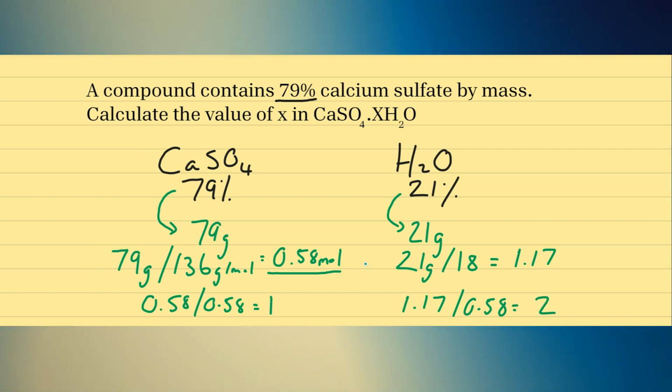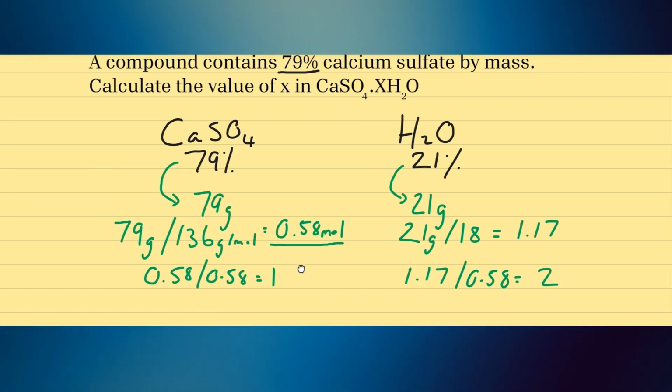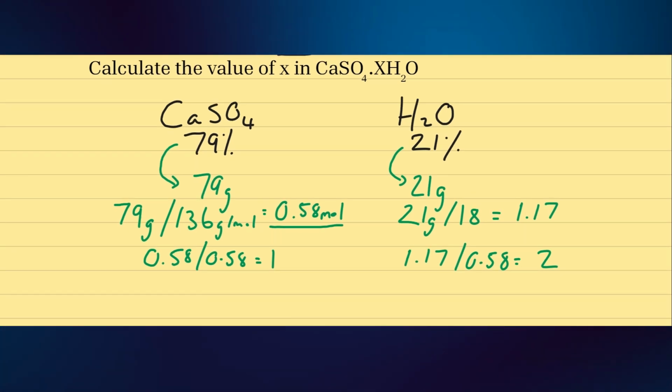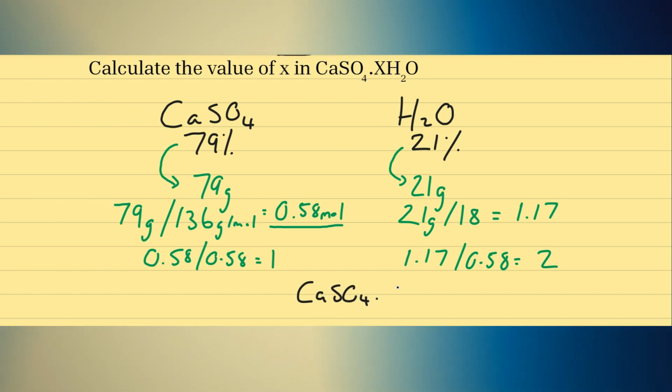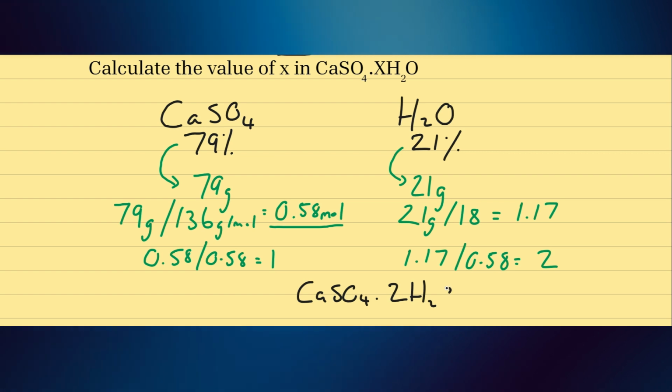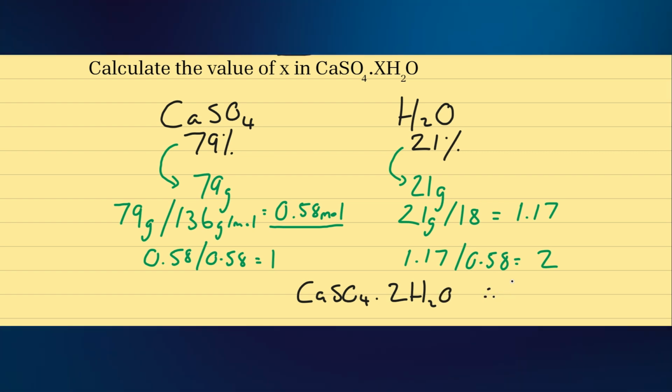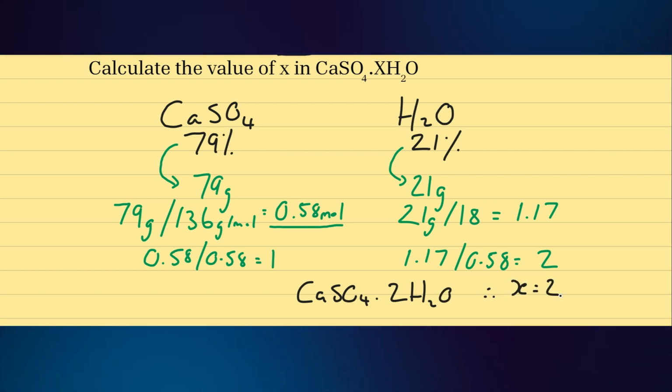So I have 2 waters per 1 calcium sulfate. That means that my overall formula will actually be CaSO4 and 2 H2O. Therefore, X is equal to 2 in this question.